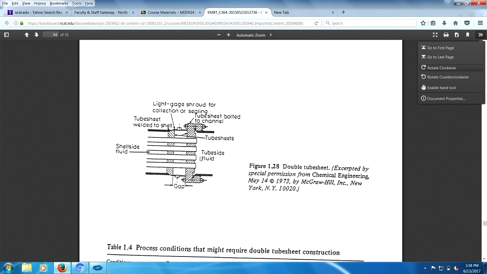So you have the tube side fluid, and over here is the shell side fluid. In between here, you have a vacant space. There's nothing in here, and then you have a place for drainage. The reason why you would have a double tube sheet is if there is leakage here, it leaks to a place and then comes on down.